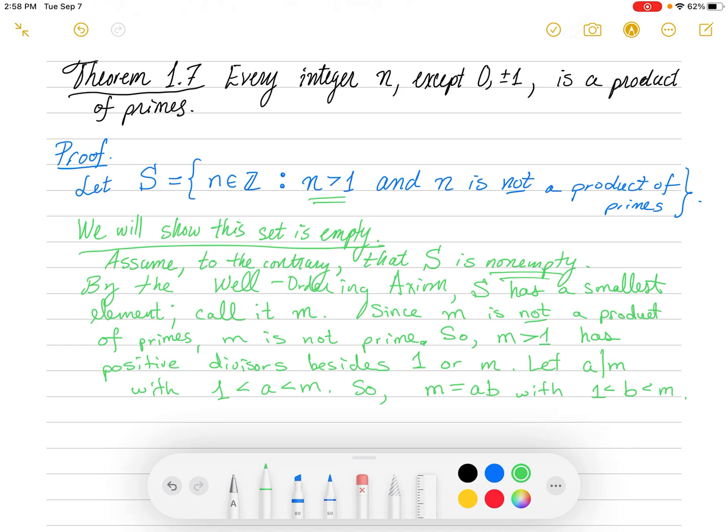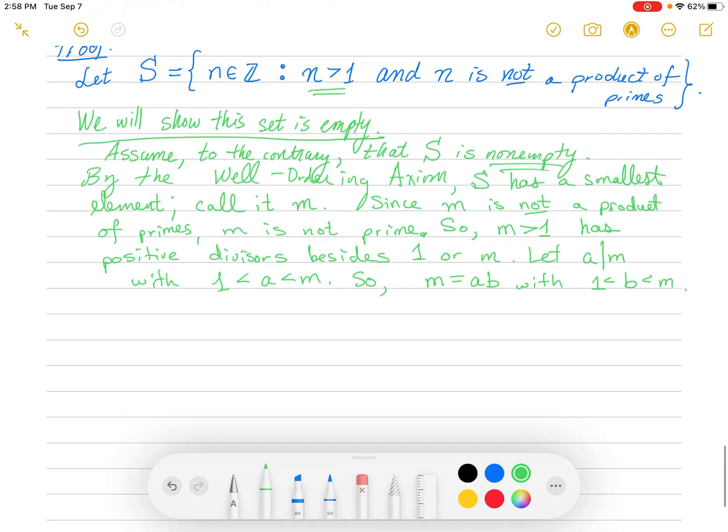So B is an integer between 1 and M. Okay. Now, notice that A is not an element of S, and B is not an element of S. Why?